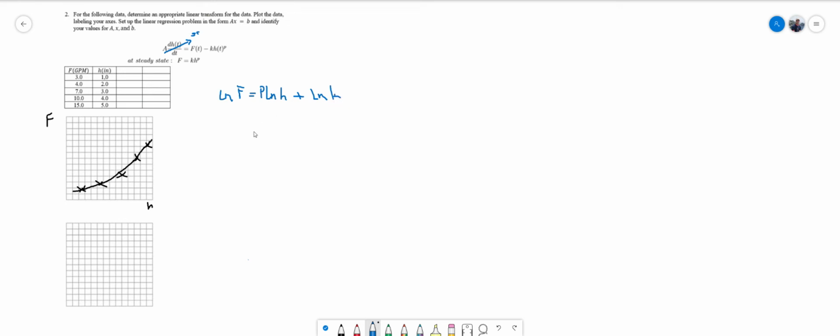And we get that just through our logarithmic rules. And so now this is our linear form of this equation. And so then the next thing I want you guys to do is to set this up in an Ax equals b form.